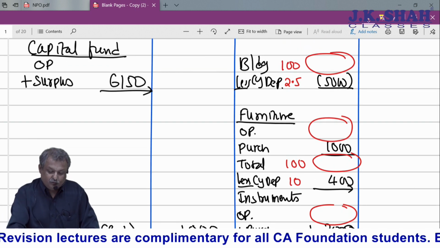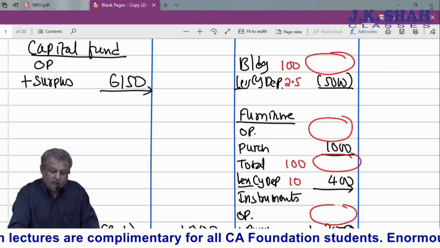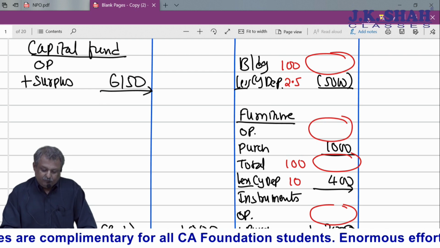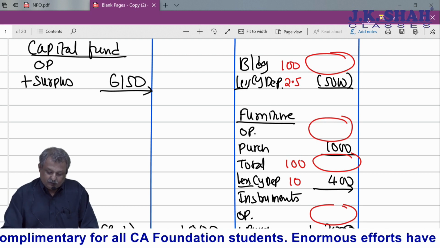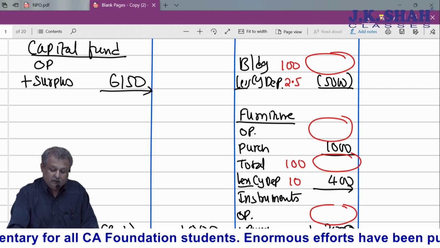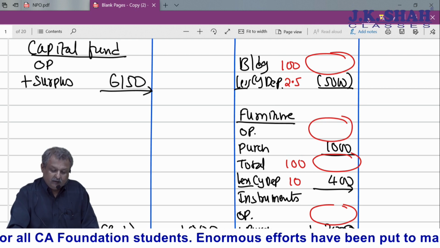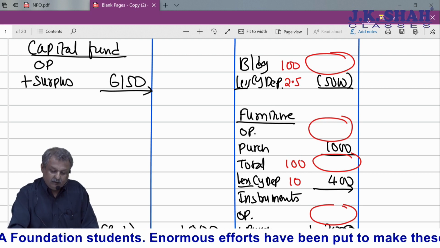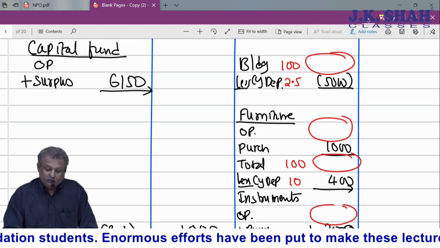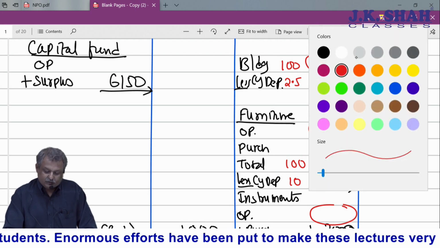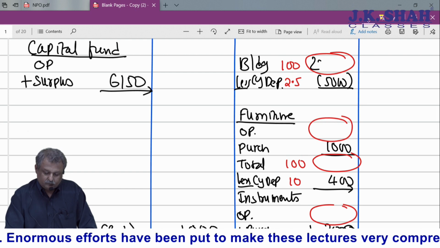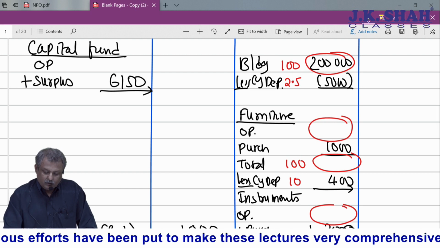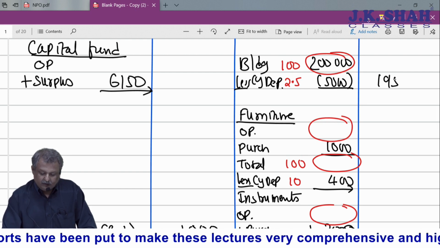So first let us do for building. Building, if 2.5 is 5,000, that means 5,000 multiplied by 100 divided by 2.5. So that is 2 lakhs. So outer column will be 195.